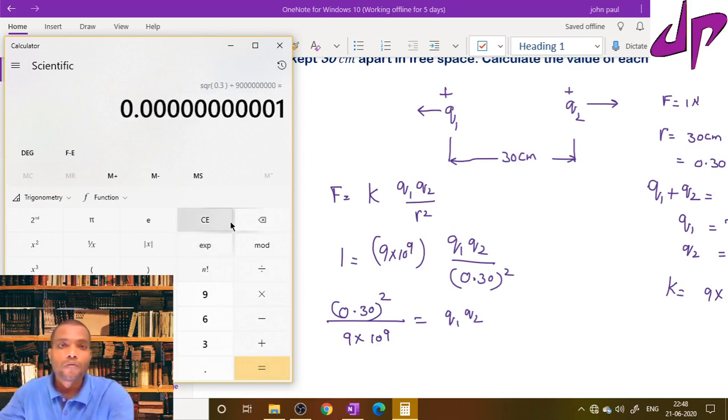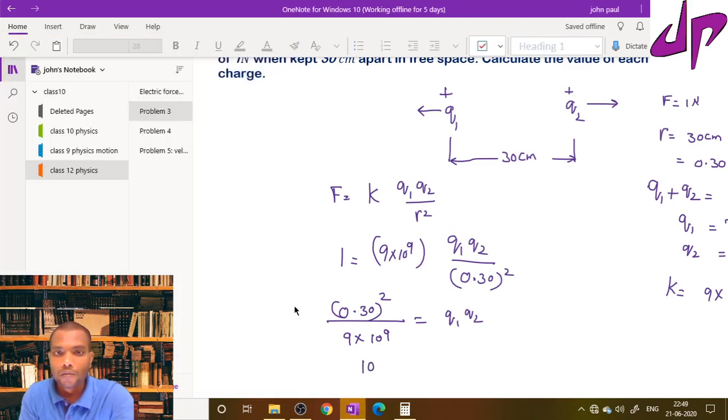So the value of Q1 Q2 I got equal to 1 times 10 power minus 11. That I can write as 10 power minus 11 equal to Q1 Q2.